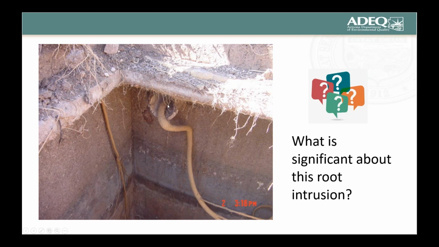So what is significant about this intrusion? Well, my guess right now is this pipe is damaged over here, and some plant, tree, or whatever is able to get into this pipe because these roots seek water. It found it and went right down in the pipe, and then it made it into the tank.